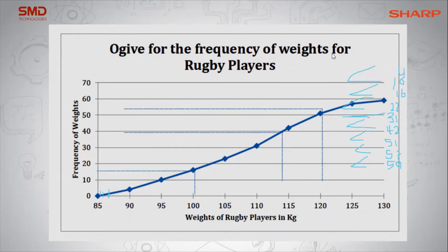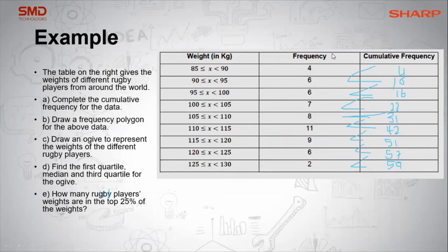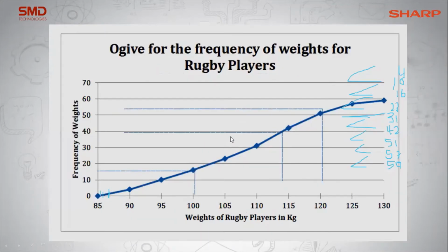All right, so let's go back and see. So now the last question says, how many rugby players' weights are in the top 25% of the weights? So that is your quartile 3. All right, so if we go back to our ogive, we need to find our quartile 3. And we can see that that has been calculated here for us. Our median and our quartile 3 is here.